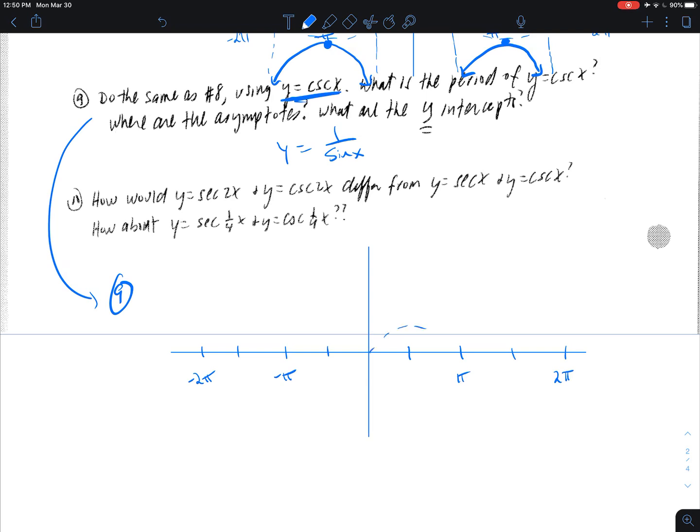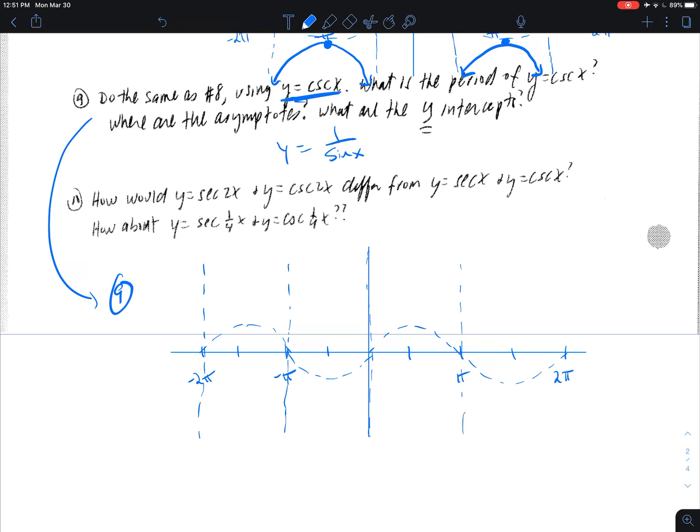So, my graph of sine is going to look like that, and every time sine equals 0, my cosecant graph is not going to exist.